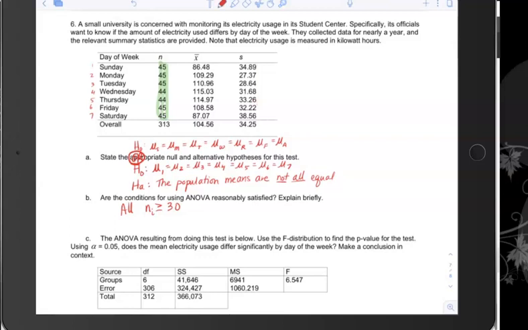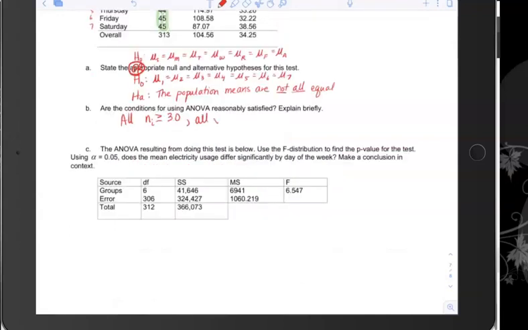No. So we can say all the sample sizes are greater than 30 and all of the variabilities are approximately equal. So are the conditions met? Yes, the conditions are met.